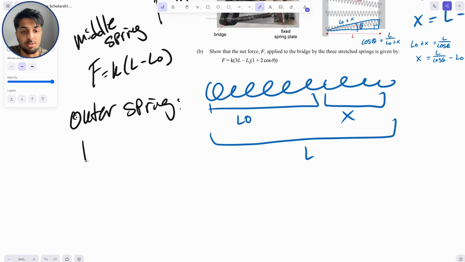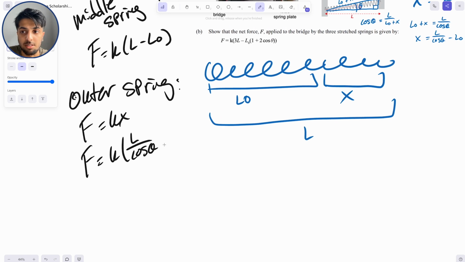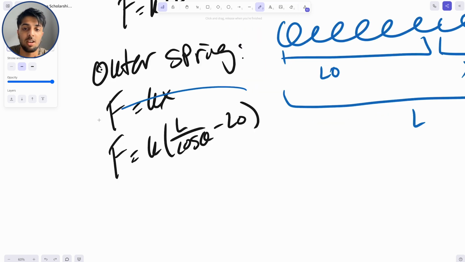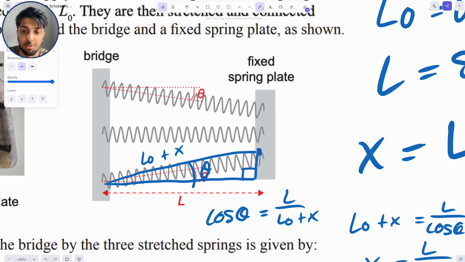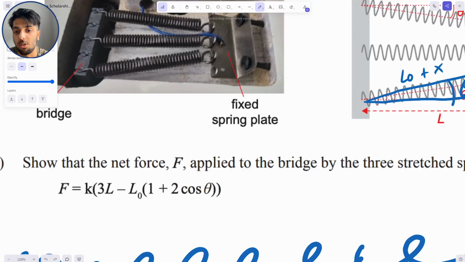We can sub that into F equals kx, so F is equal to k times (L over cos theta minus L naught). However, this equation accounts for both the horizontal and vertical components, so it's the total force. In this case, the vertical components of the force are going to be opposing each other, so they cancel out, and the equation only accounts for the horizontal component of this force.